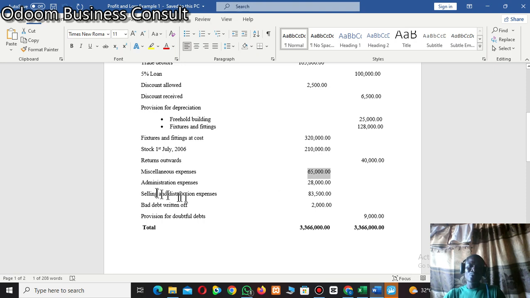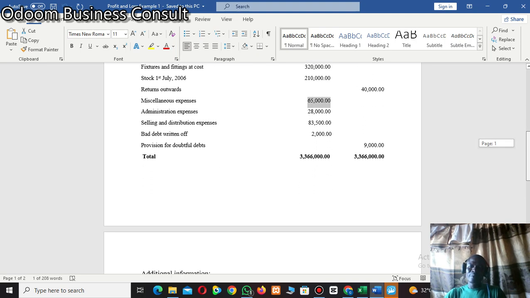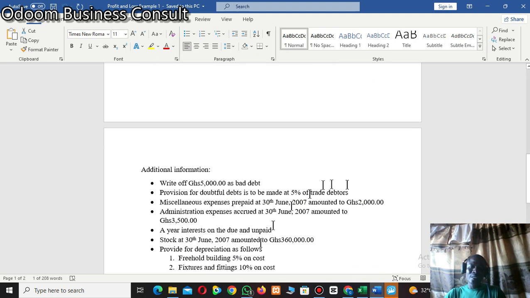Okay, so when you come here, administration expenses, which is 28,000, this is what has been paid, but the actual amount for administration expenses must also consider this, because the benefit has been consumed but payment has not been made. And we cannot say that because you have not made payment, we shouldn't add it to our administration expenses.